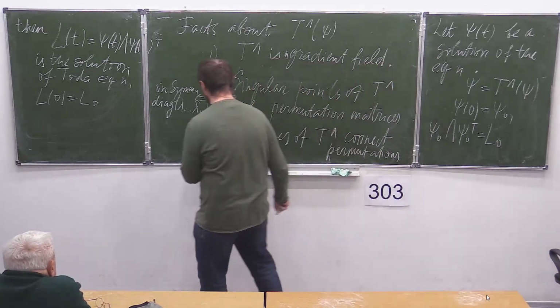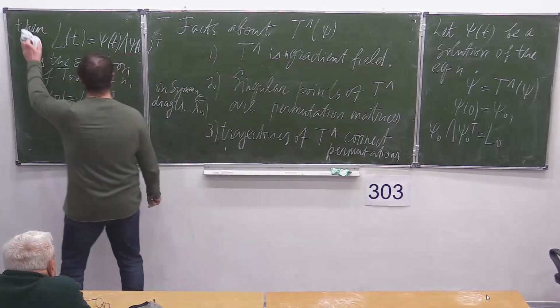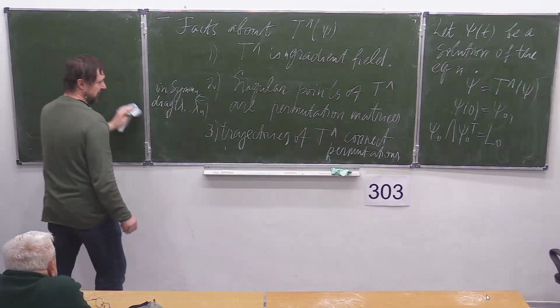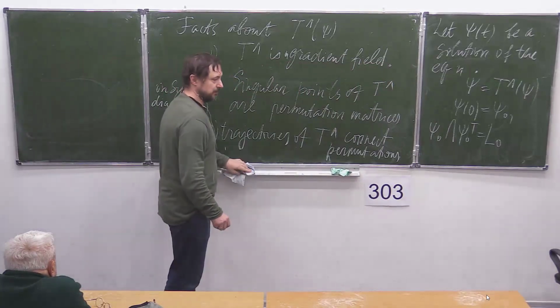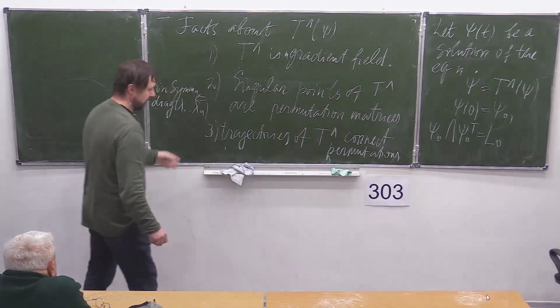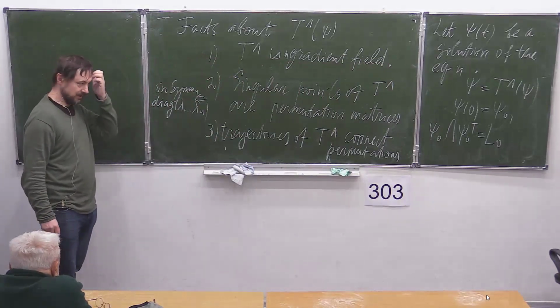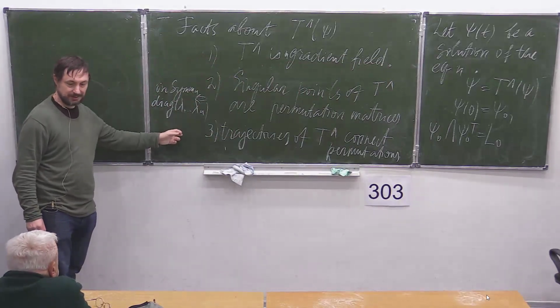And the first result, which is due to our group, is that we identified which permutations can be connected by a trajectory of the Toda field.